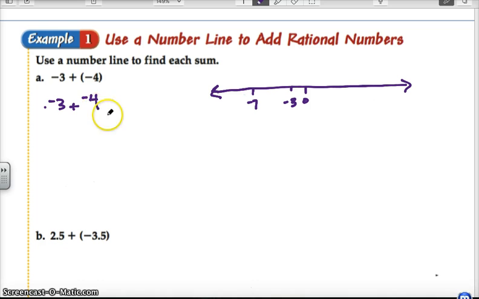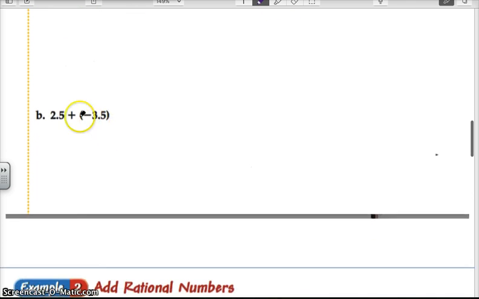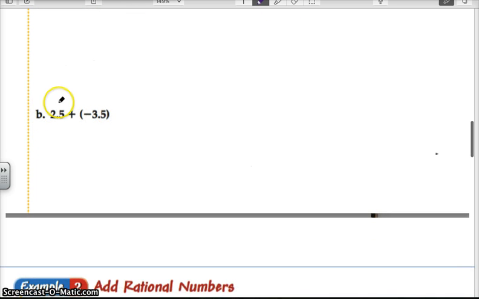So anyway, negative 3 plus a negative 4 is going to be a negative 7. Just add, keep the sign the same. Over here, we've got two numbers, a positive and a negative. Which one's the bigger looking number? This 3.5 is bigger than 2.5. Therefore, I'm going to take the sign of the 3.5. My answer is going to be negative. I'm going to subtract: 3.5 minus 2.5 is 1.